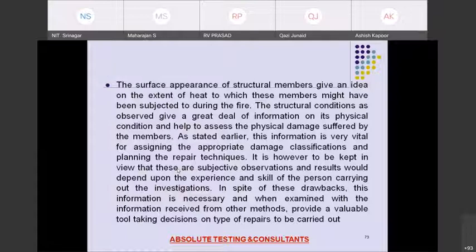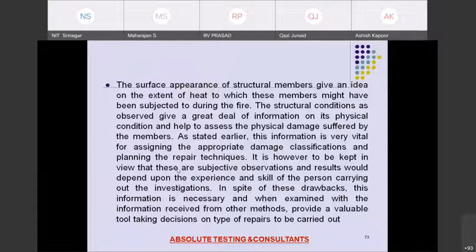After that we will take out the physical condition. We will get information about the physical condition, what the condition of the surface is, and this information is very vital for assessing the appropriate damage classification and planning the repair techniques.